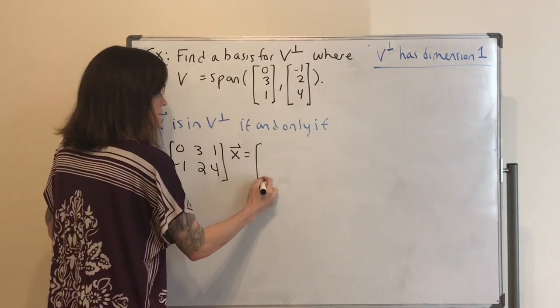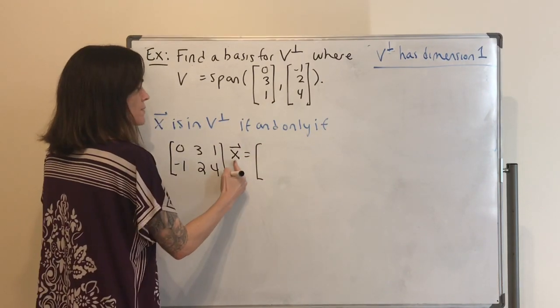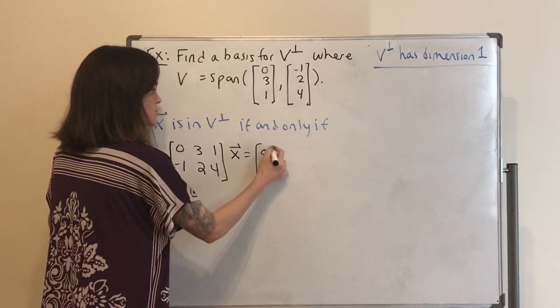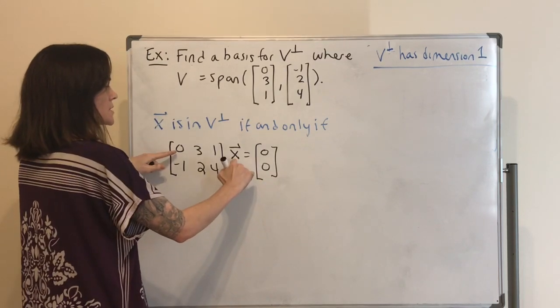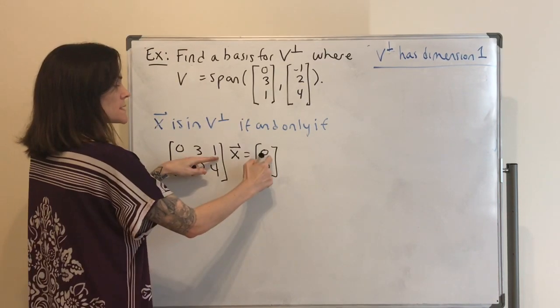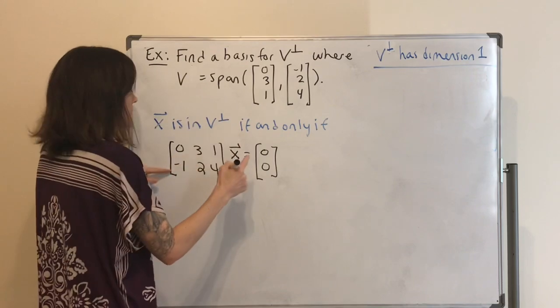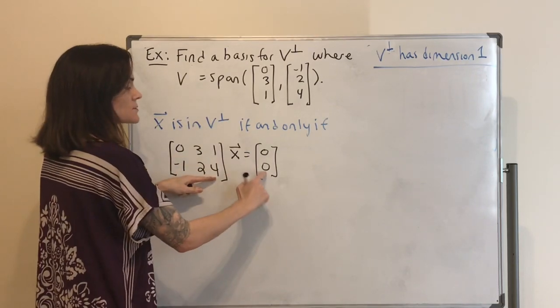Because this is 2 by 3, and this is 3 by 1, this would be 2 by 1. The dot product with this gives you this entry, 0. Dot product with this gives this entry, 0.